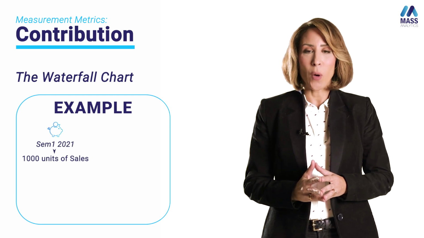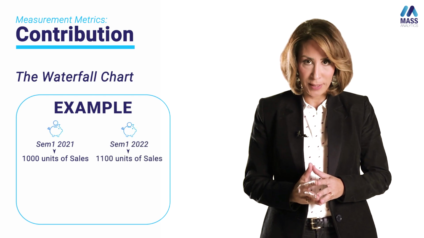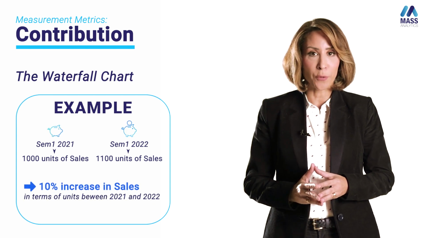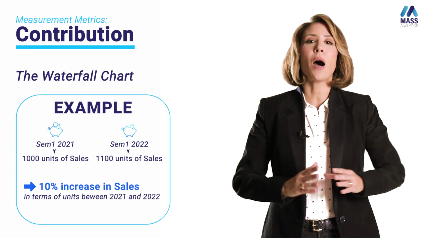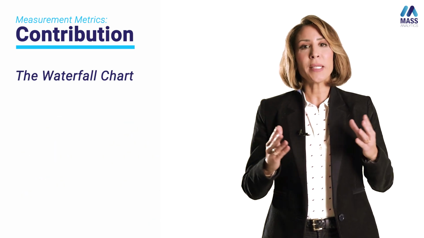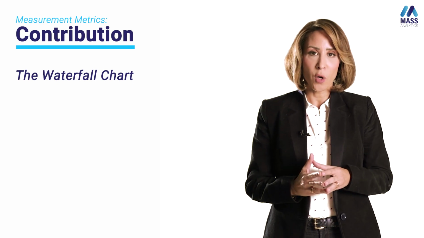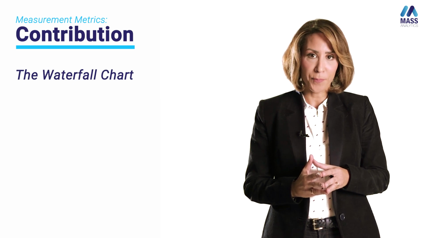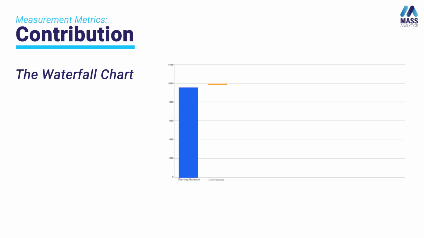And in semester 1, 2022, sales have increased to 1,100 units, meaning that we had a 10% increase in sales in terms of units between 2022 and 2021, focusing on semester 1. Now, what I am interested in knowing is what has driven this difference? What has caused those 100 unit sales? That's exactly the type of answers that you can get from your waterfall chart.